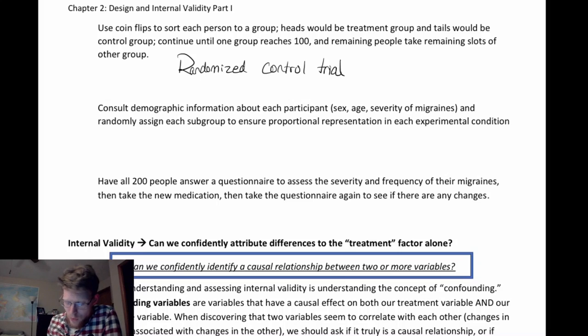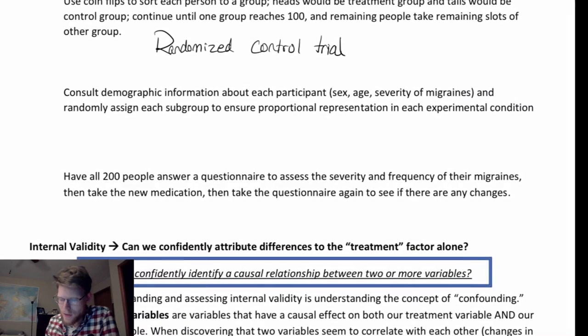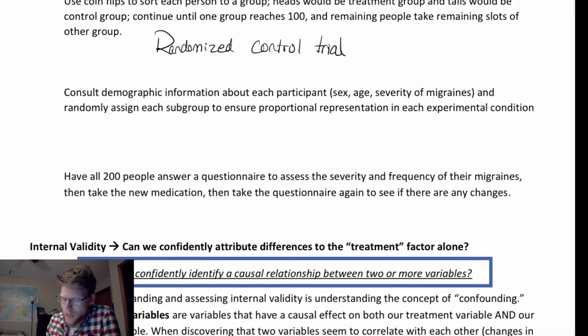The next option is that we can consult demographic information about each participant. So we have age, sex, severity of migraines, and randomly assign each subgroup to ensure proportional representation in each experimental condition. So this is, we'll call it a randomized controlled trial with blocking.